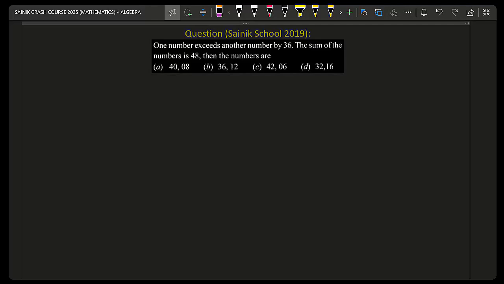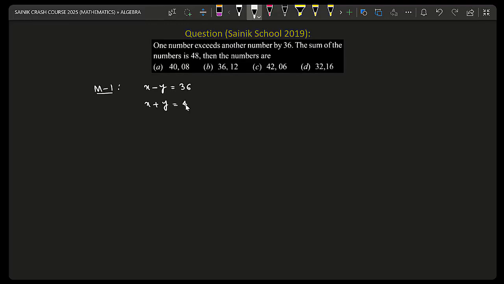Okay. Then x plus y equal to 48. Okay, so let's say this is method number 1. In method number 1, Mayuk is taking the two numbers as x and y. One number exceeds another number by 36, that means x is greater than y by 36. And the sum is 48. Mayuk, I want both the numbers x and y. How can we solve this?